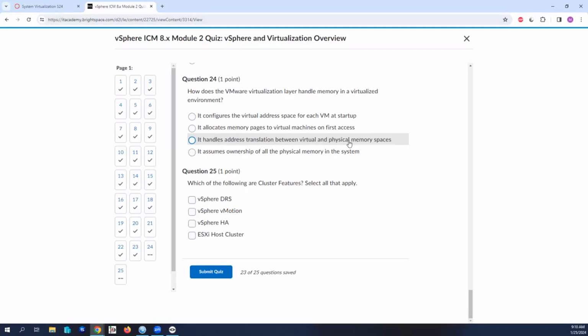B is kind of more what happens with thin or dynamic disk instead of RAM. So the correct answer is A. Configures the virtual address space for each VM when they start up.